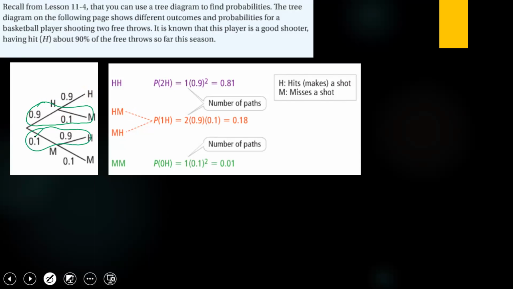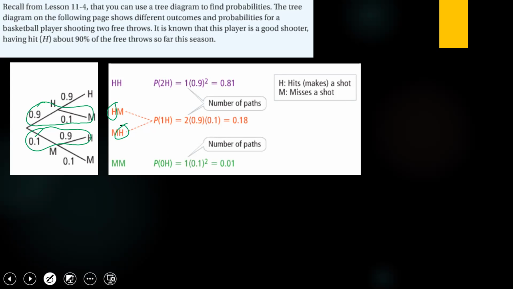It means just one of the shots is a hit, so the second one will be a miss. It could be hit, miss, or miss, hit. Here, one of them is a hit.